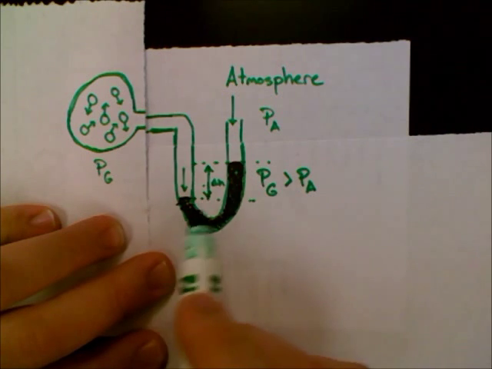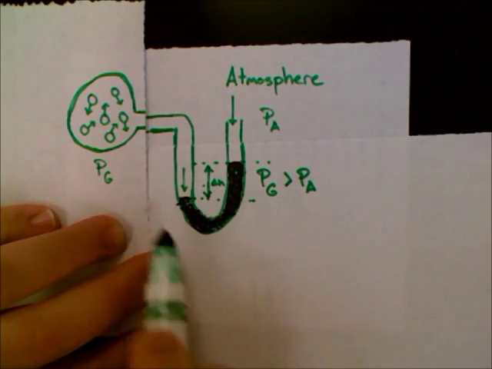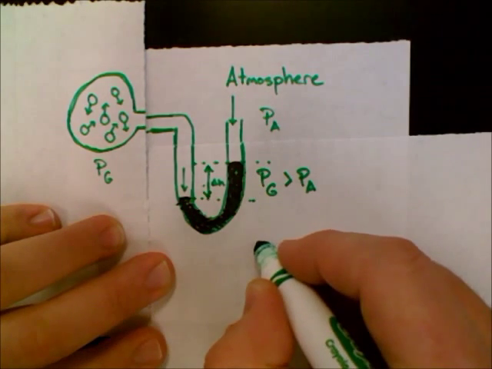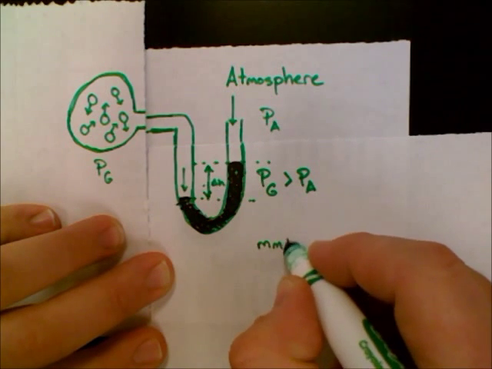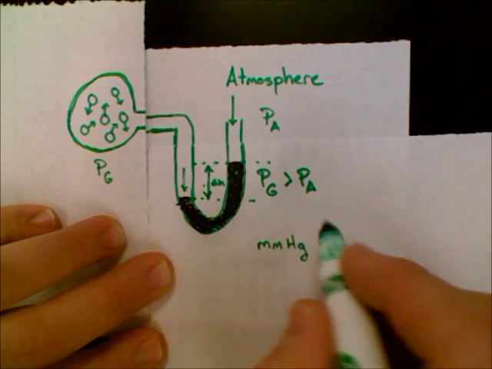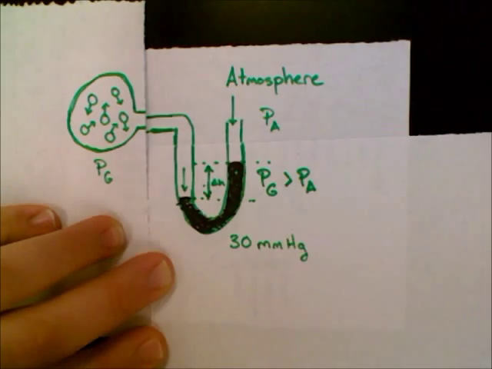Now, if we do this in mercury, so if this black stuff here is mercury, this delta H will have a unit of millimeters of mercury. And so let's say we find that our delta H here is 30 millimeters of mercury.